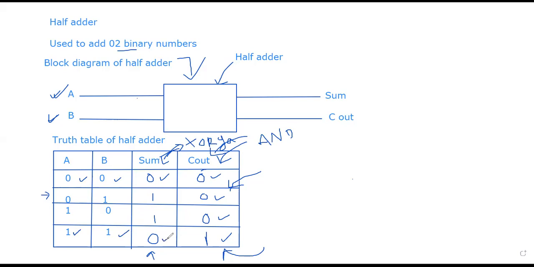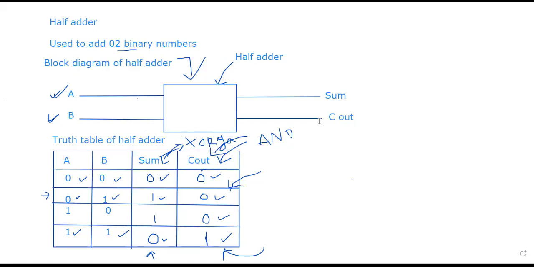Otherwise, it is 1. Here we have 0, here we have 1, so it's not the same. That's why we are having 1. So for the sum, we can use the XOR gate logic, and for the carry out, we can use the AND logic. Using that, let us draw the logic circuit of half adder.